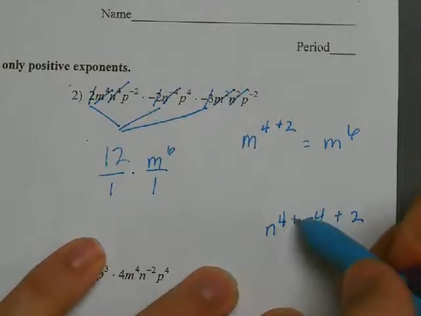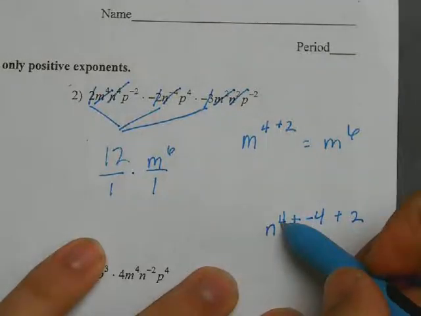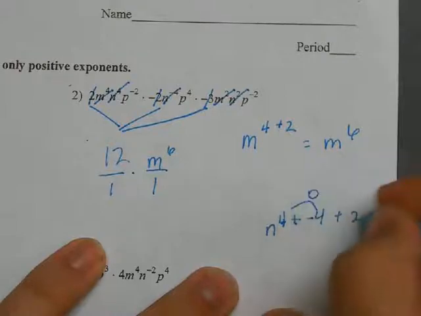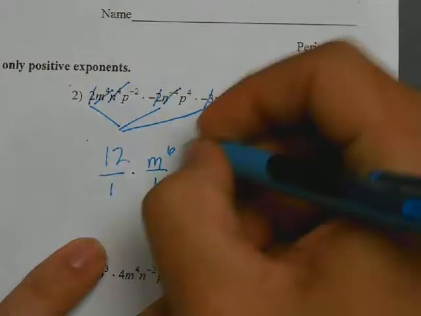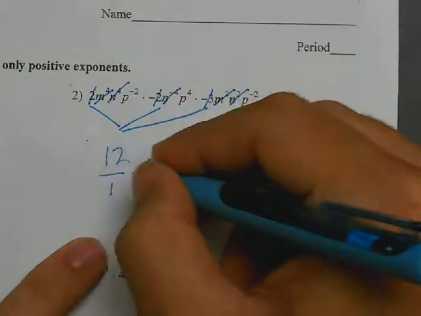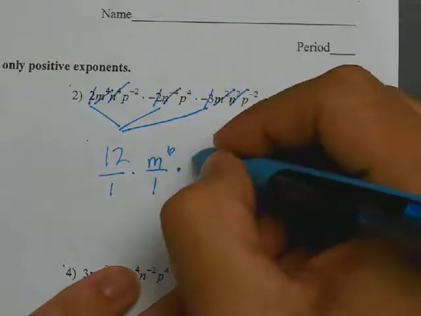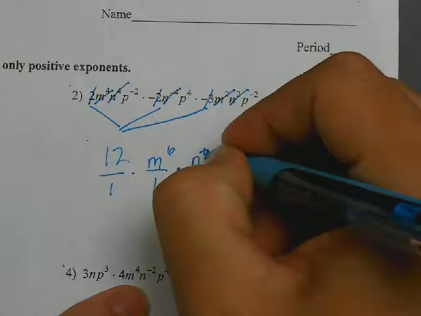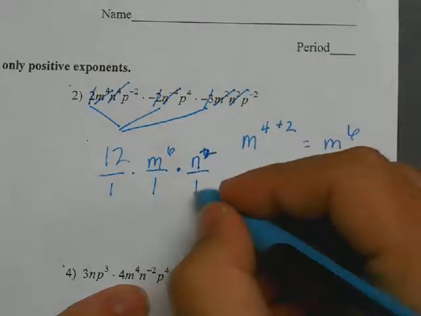Now I add this up. 4 plus -4, or 4 moved to the left 4 times, will give us 0, and 0 plus 2 is 2, so n to the 2nd. So 12 over 1 times m to the 6 over 1, times n to the 2nd over 1.